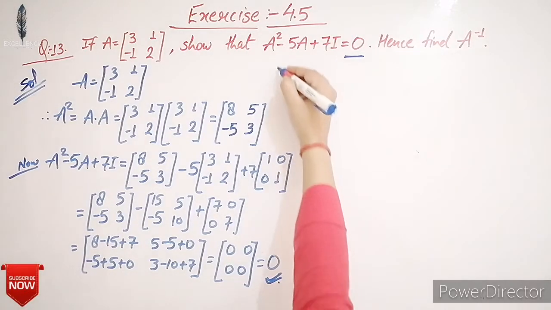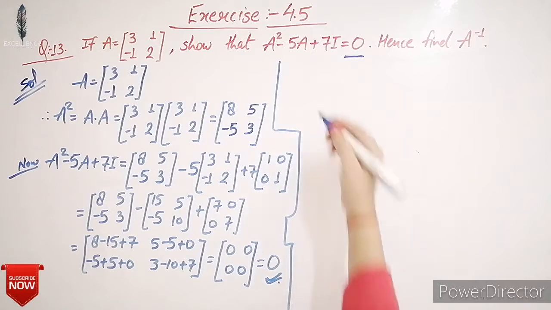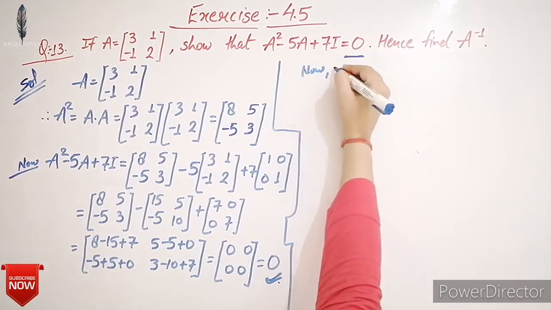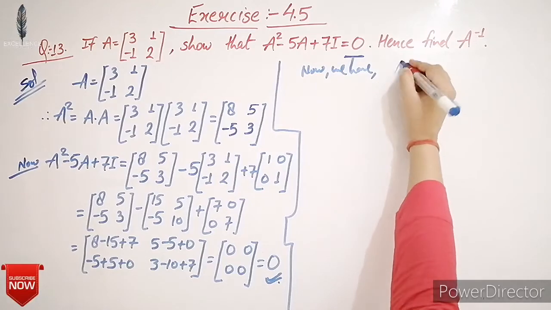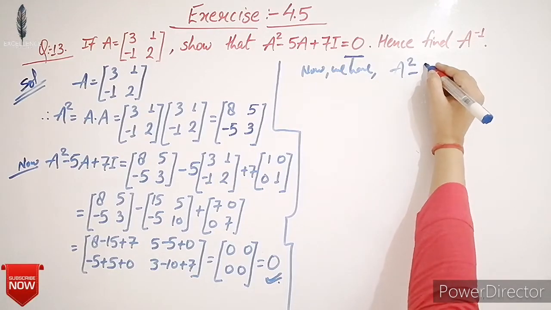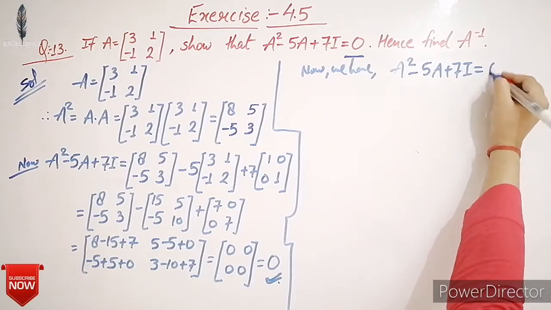Okay. So here we have A² − 5A + 7I equals 0.